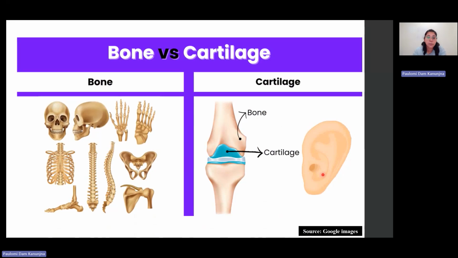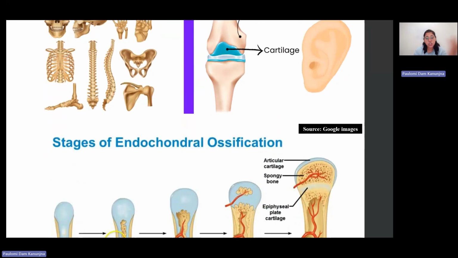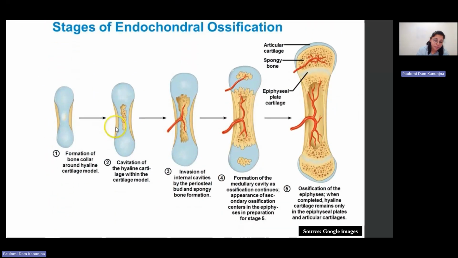So they are responsible for hematopoiesis, the formation of blood cells. So bones themselves have their own reserves and stores for blood cell generation. Okay, so that was about bone and cartilage.